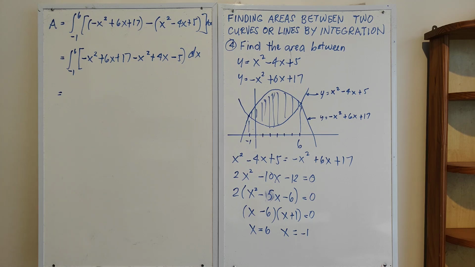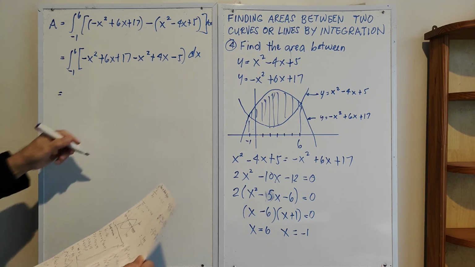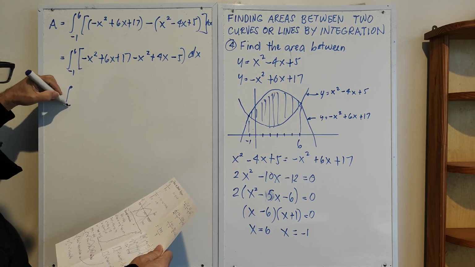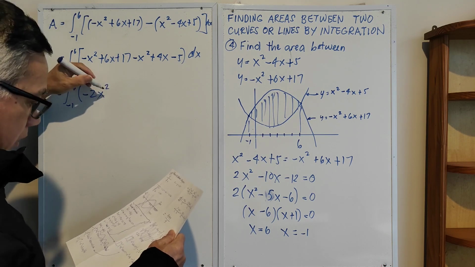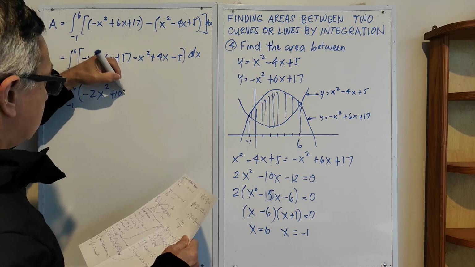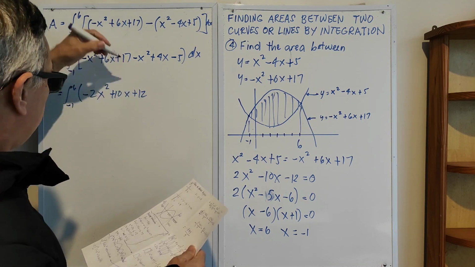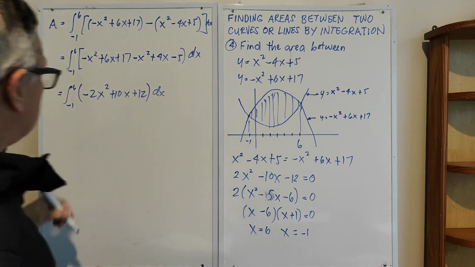Combining like terms, we then have negative 2x squared plus 10x plus 12 dx.